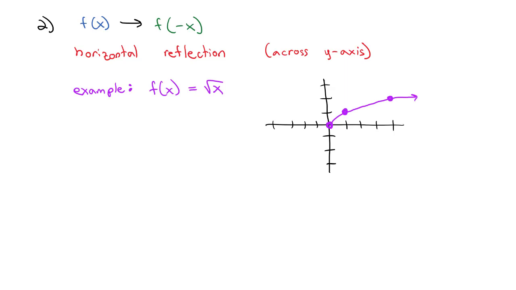And if I were to instead put a negative in front of just the x, the square root of negative x, that's going to give us a horizontal reflection. And so this point where x equals positive 1 is now going to be a negative 1. The positive 4 on x is now going to be a negative 4 on x. And what we end up with is a reflection across the y-axis. And so now that brown line becomes my new graph.